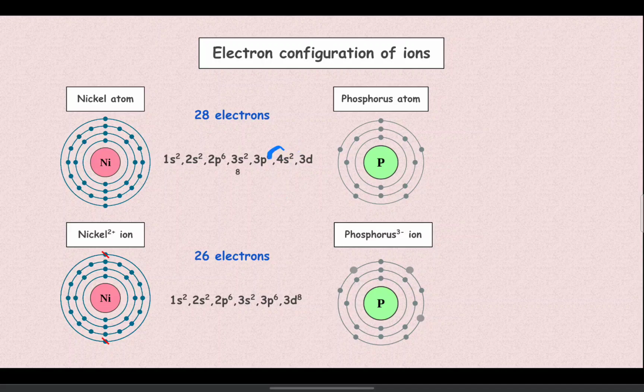So you lose these electrons here, as you can see they're not there, before you take anything away from the 3d. That is because the 4s subshell is in the 4th energy level, so there are less attractive forces on it, so the electrons are easier to be taken away by another ion when they form ionic bonds, which another lesson will cover.